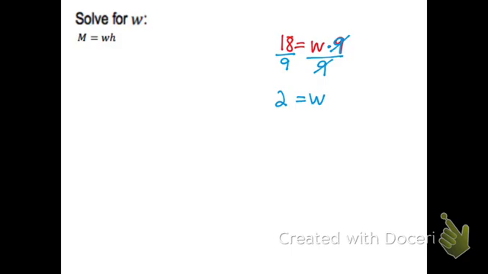Now let's use that same process to solve the equation on the left. We're going to undo that multiplying by h by dividing by h, because anything divided by itself is 1. What we do on one side, we have to do on the other side, so we're left with w equals, what is m divided by h? If they were like terms, if they had the same variable and the same exponent, we could combine them.